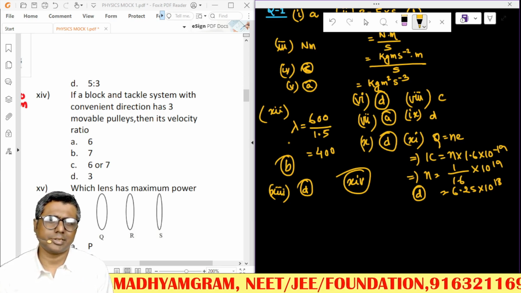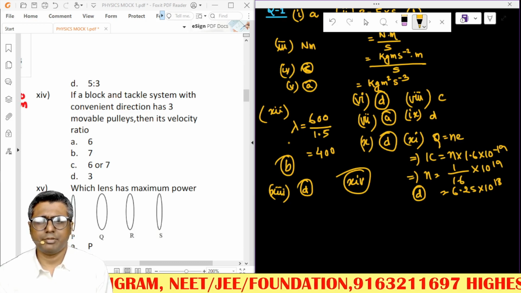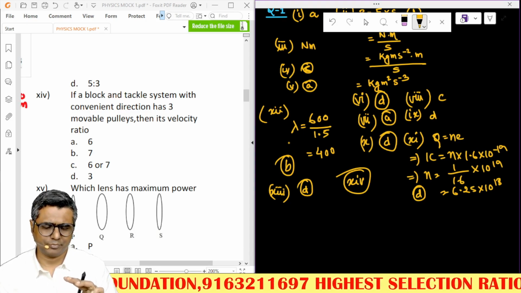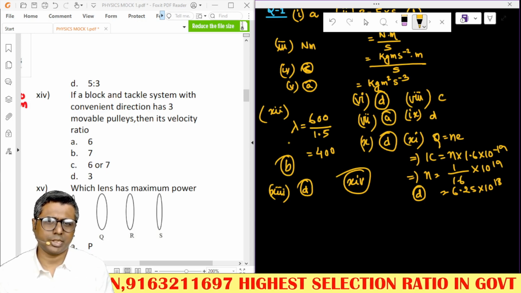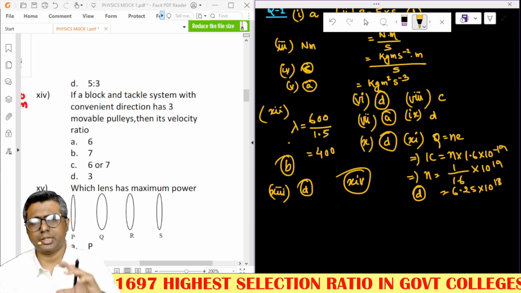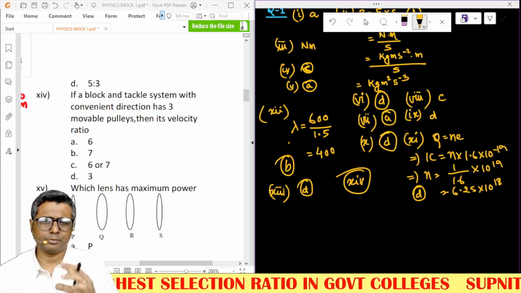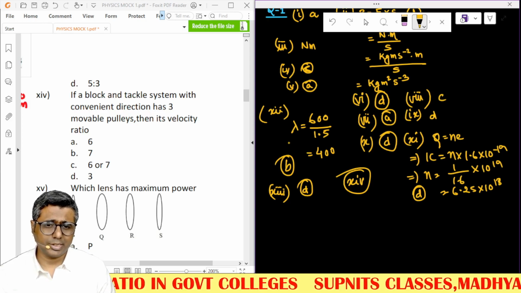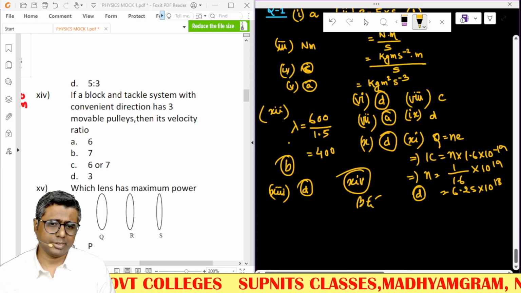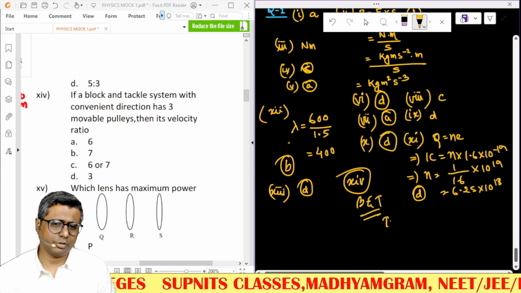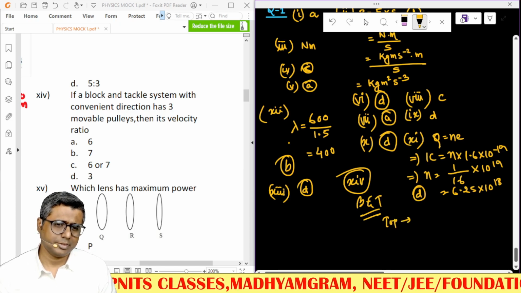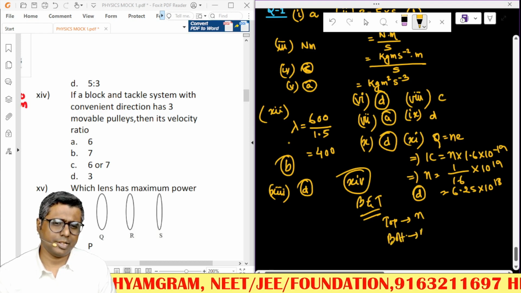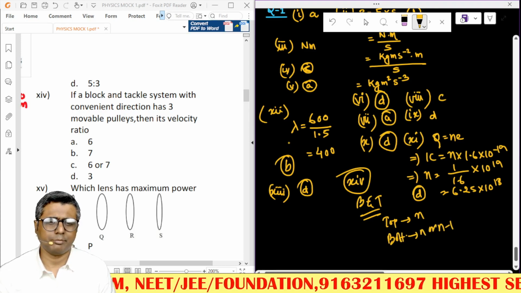So it's a block and tackle system. If there are 3 movable pulleys, that means the system is like this, 3 pulleys in the bottom section and there are 3 pulleys in the top section. So the top section can be having 3 pulleys or 4 pulleys. In block and tackle system, if the top section has n number of pulleys, then the bottom section will have n or n minus 1 number of pulleys.